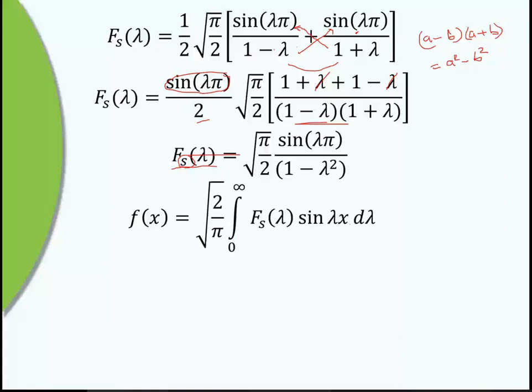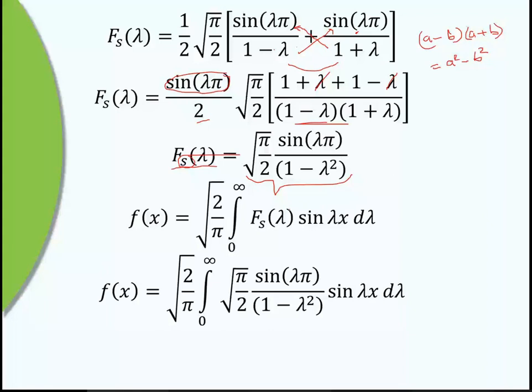Substituting this value, f of x is equal to root 2 by pi integral 0 to infinity of sine lambda pi divided by 1 minus lambda square into sine lambda x d lambda.